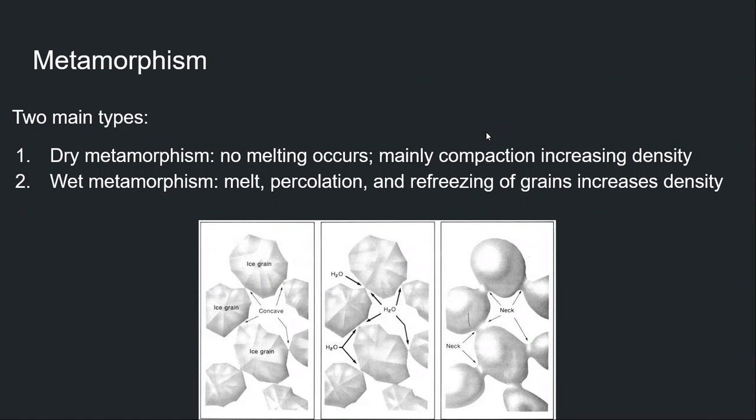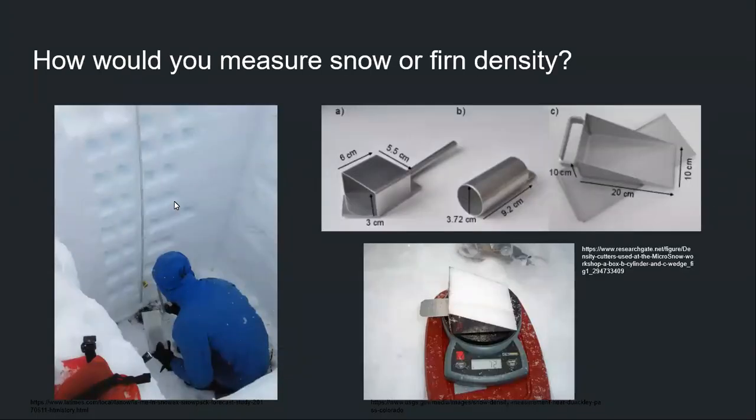Wet metamorphism, on the other side, will round the ice crystals and make them bond together much more easily. So that's also a process that increases density. Both dry and wet metamorphism increase the density of snow, which eventually leads into firn and therefore into ice. I'm drilling those concepts into your heads because that's super important.